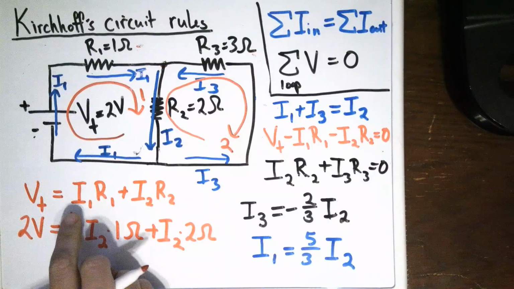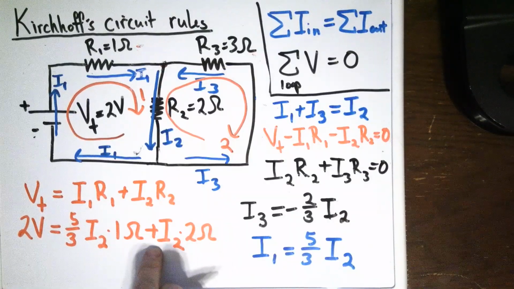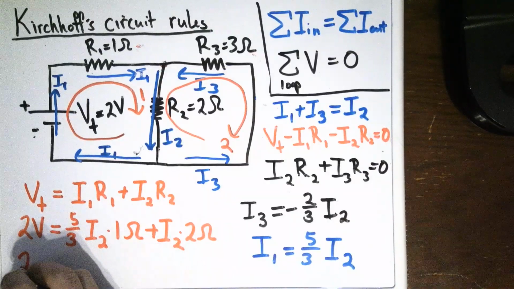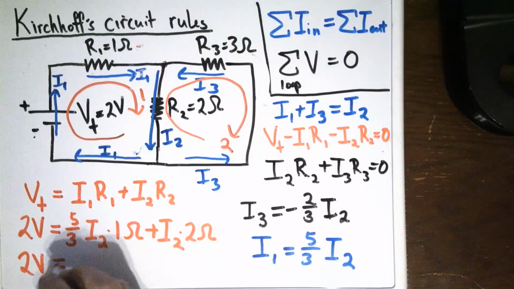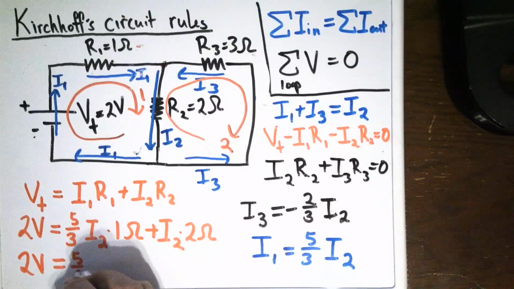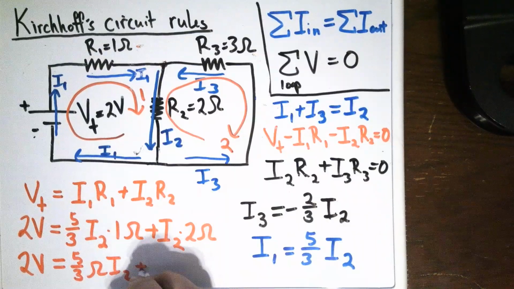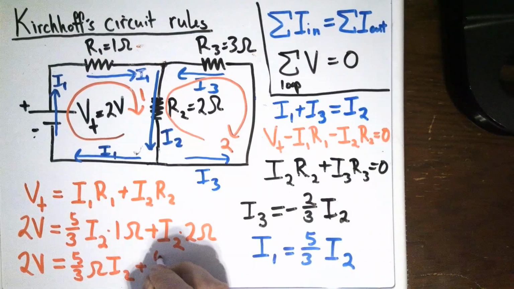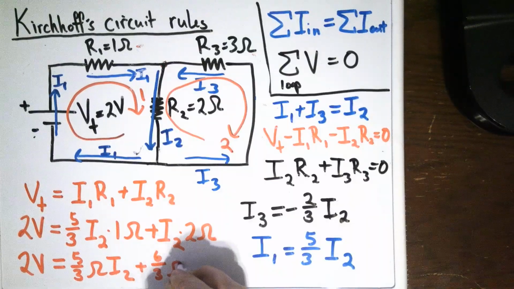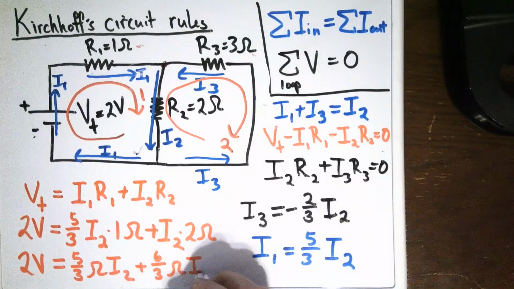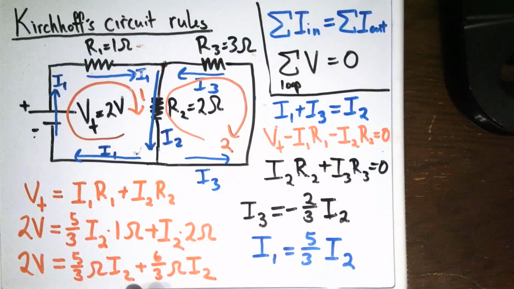I've got 1 ohm times 5/3 and 2 ohms times I2 over here. So 2 volts equals 5/3 ohm I2 plus 2, which is the same as 6/3 of an ohm I2. So I can go ahead and combine this.